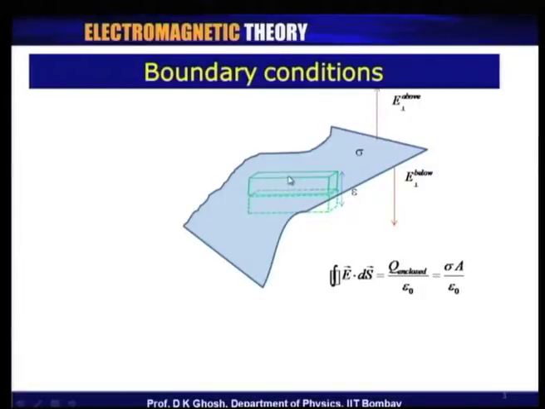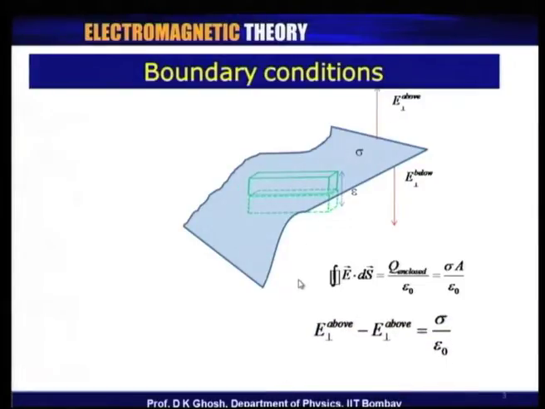By definition, our direction of the normal is the outward perpendicular to the surface, so they are oppositely directed on the top and the bottom surface. As a result, the contribution to the flux from the top surface is the normal component of the electric field multiplied with this area A, because I have to find E dot n ds.